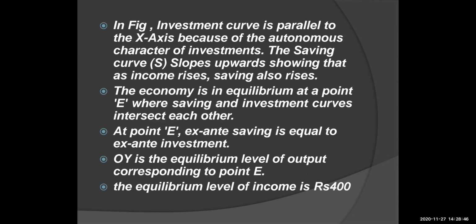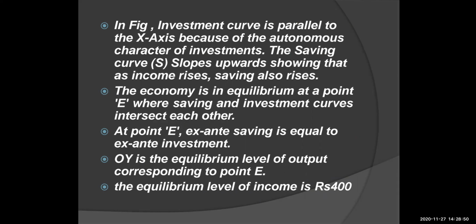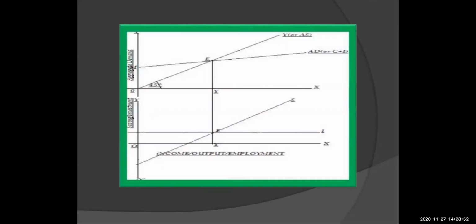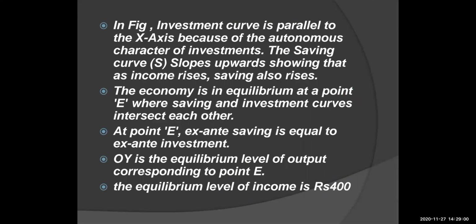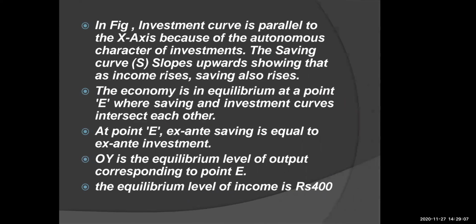And we have point E where ex-ante saving is equal to ex-ante investment. So we can see the point E where saving S is equal to I, and OY is the equilibrium level of output, which corresponds to point E.